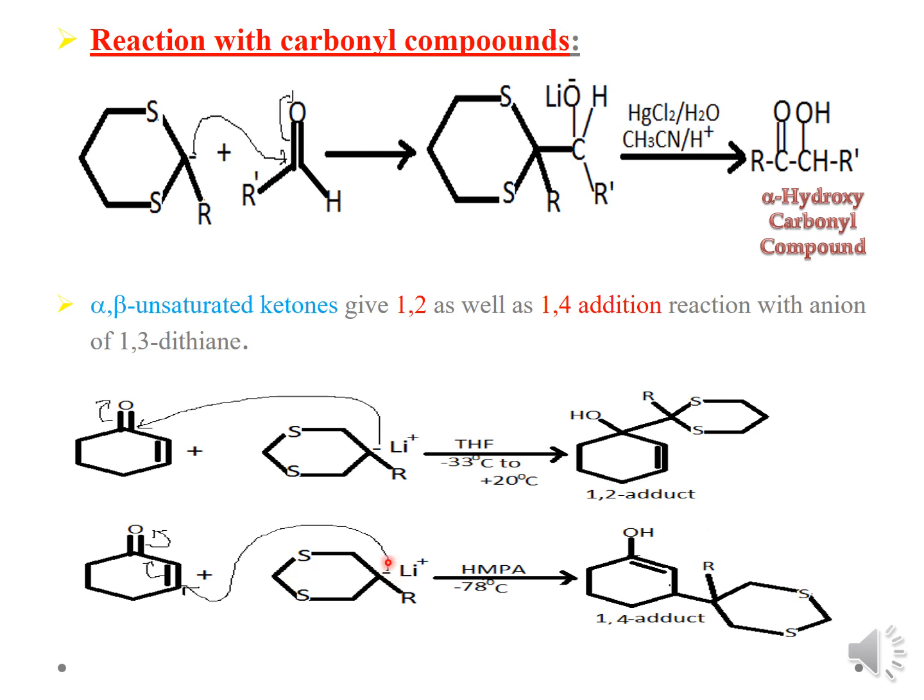So this goes and attacks the fourth position of your carbon atom. When it attacks, this bond shifts towards here, and the carbonyl group which has the double bond, this bond will shift and make it O minus. Upon addition at minus 78 degrees Celsius, this oxygen atom will abstract the proton, and then you will result in this 1,4 adduct formation.